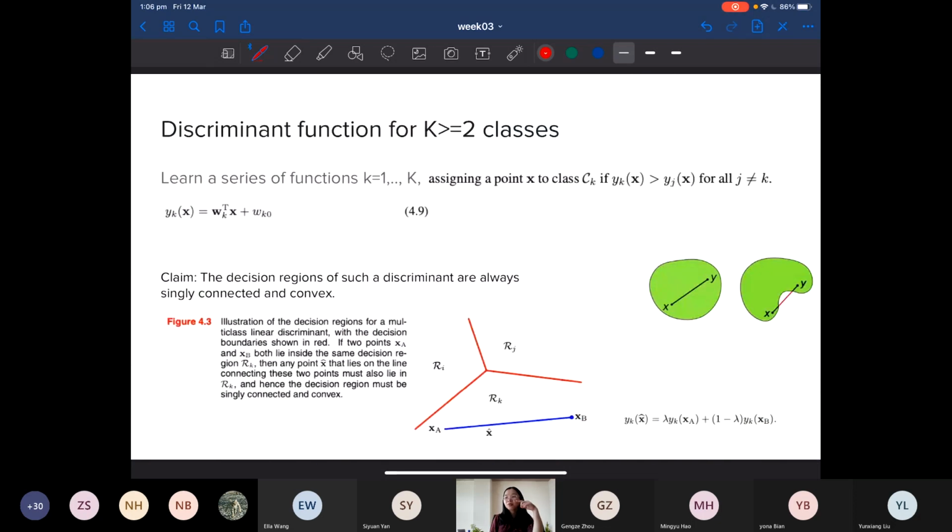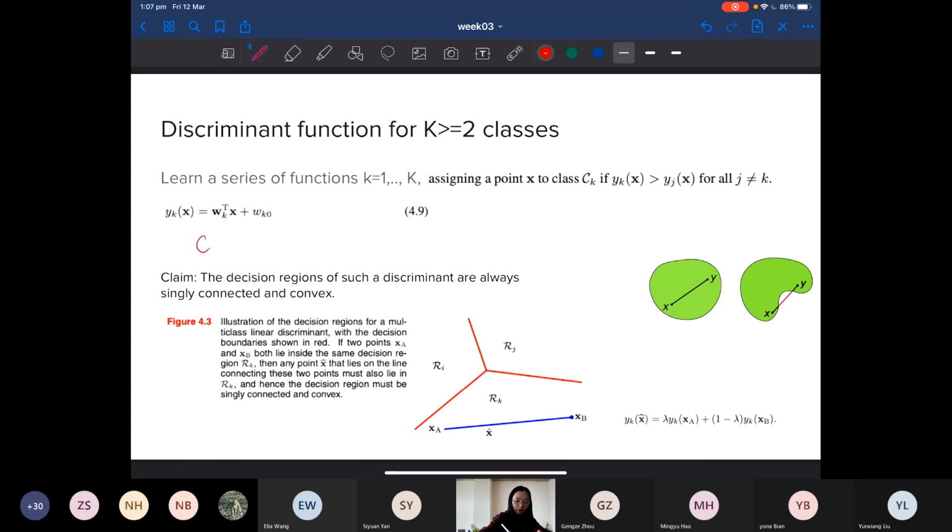Okay, luckily there is a solution to this. What we do is define a series of discriminant functions for K classes, and then we take the argmax.